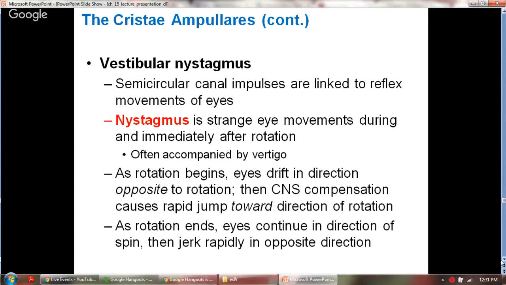As rotation begins, the eye starts to drift in the direction opposite to rotation. Then the central nervous system compensation causes a rapid jump toward the direction of the rotation. So you would see movement of the eye. As the rotation ends, eyes continue in the direction of the spin, then jerk rapidly in the opposite direction.